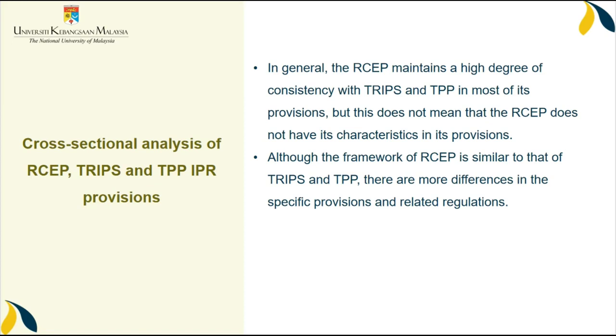There are more differences in the specific provisions and related regulations. As can be seen from the above listed differences, the new additions to RCEP are in line with current international trends in the development of IP in the region.